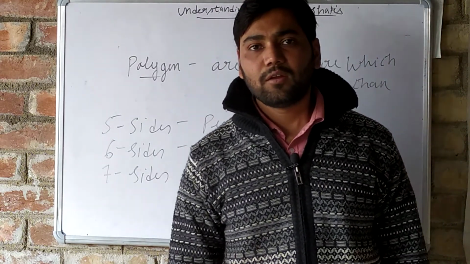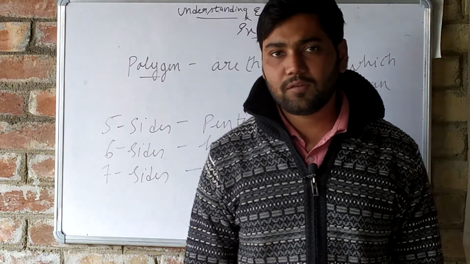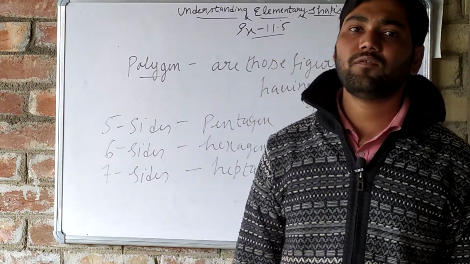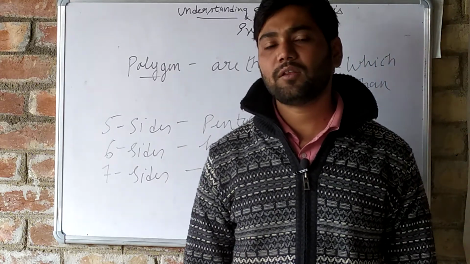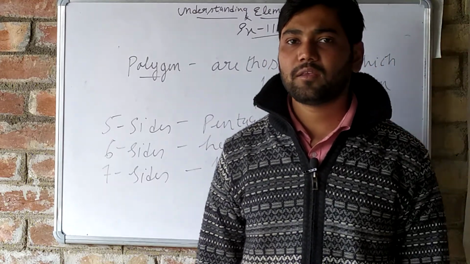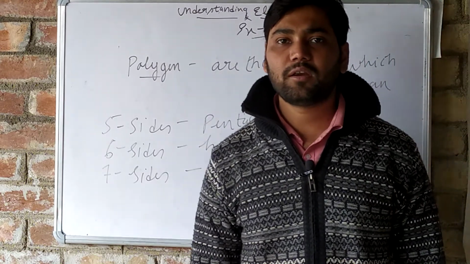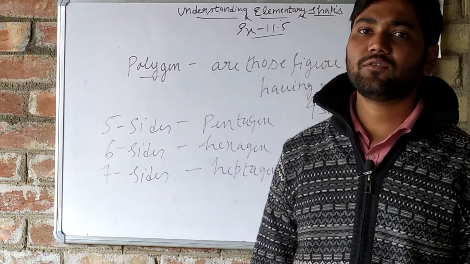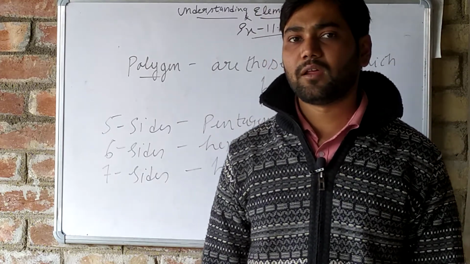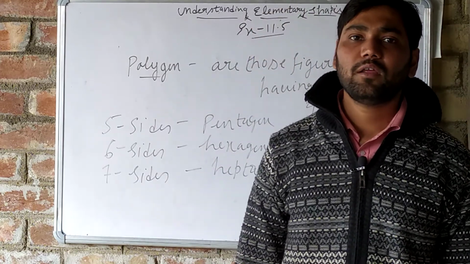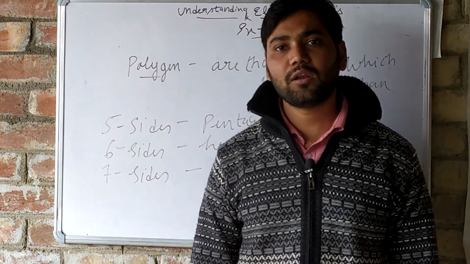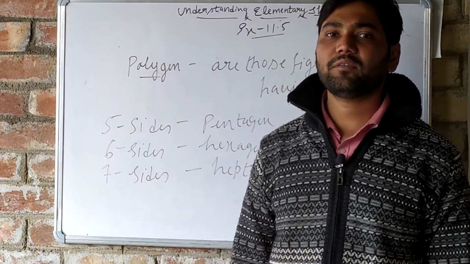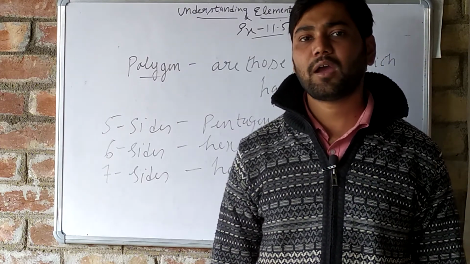So till here what you have studied: if any figure has 3 sides, that figure is known as a triangle. If any figure has 4 sides, then that figure is known as a quadrilateral. The sum of the angles of a triangle is 180 degrees and the sum of the angles of a quadrilateral is 360 degrees. Under quadrilateral there are many figures: rectangle, square, rhombus, parallelogram, trapezium, kite.